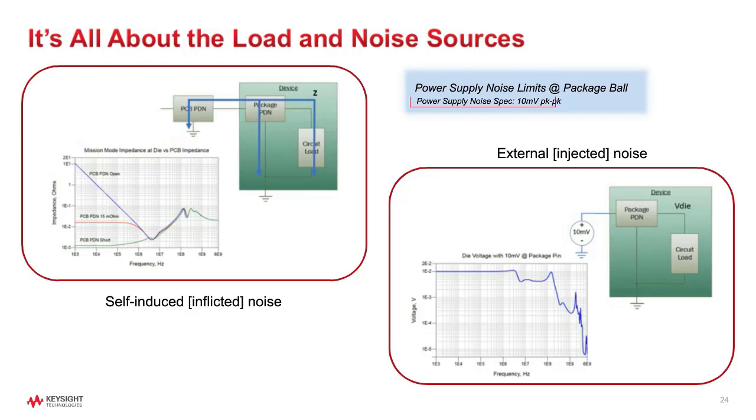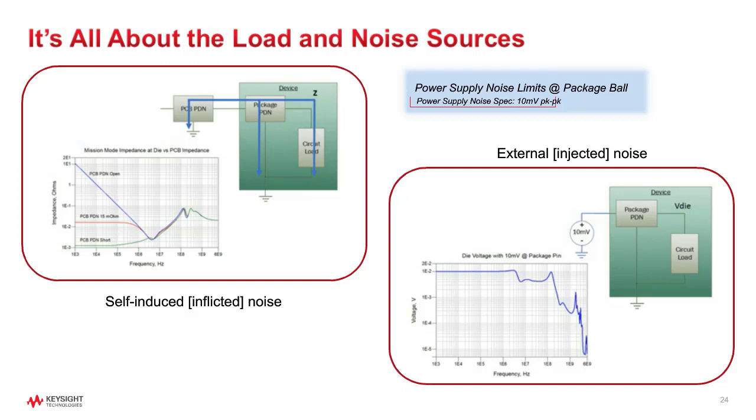Another cross-check for determining how high in frequency the PCB PDN must maintain a low impedance is to excite the package pin of the package die model with 10 millivolts AC ripple and see how much noise makes it through the package die power delivery network to the die.